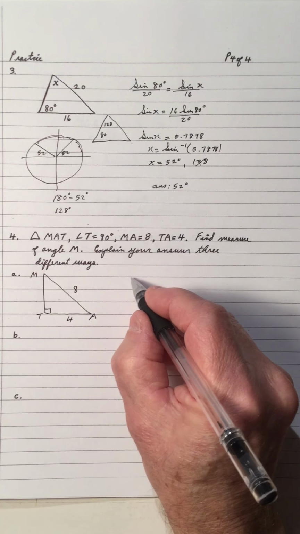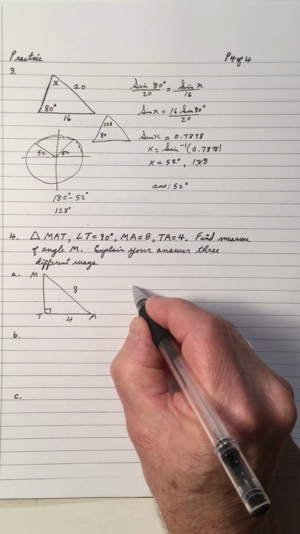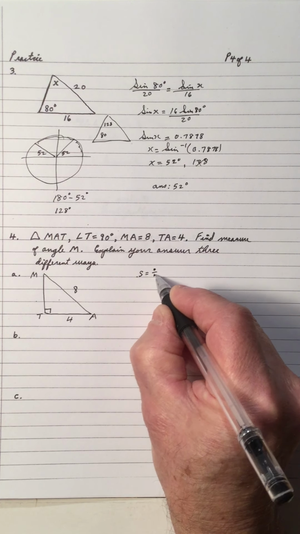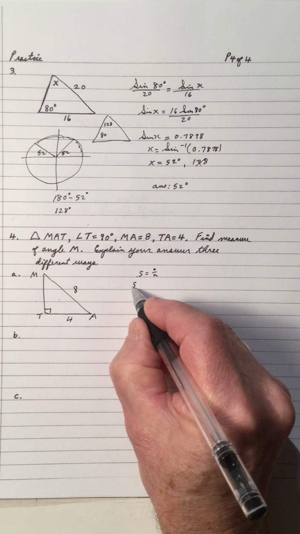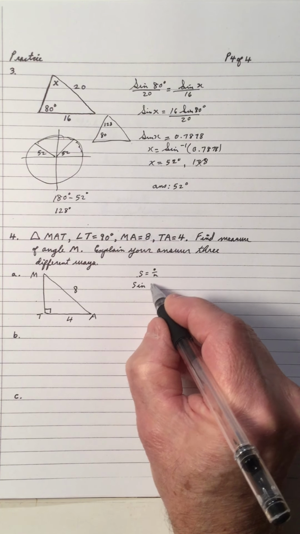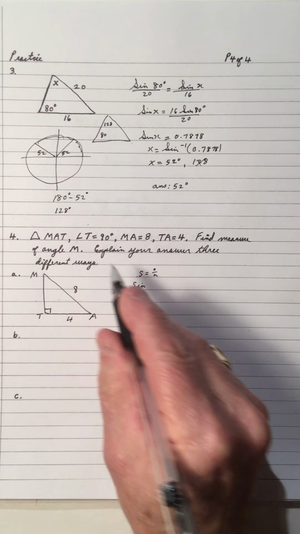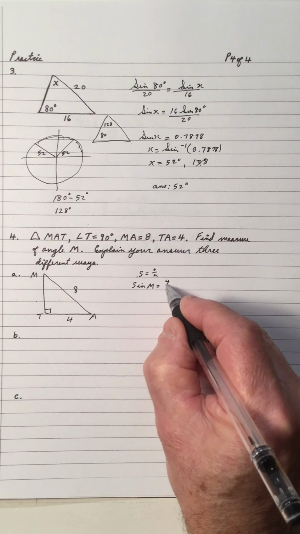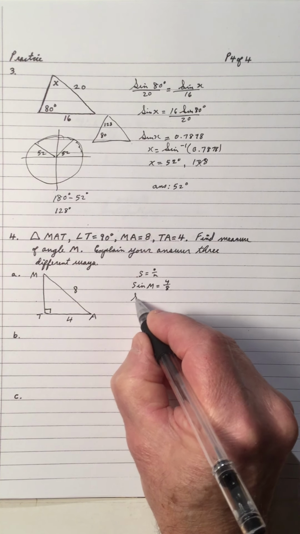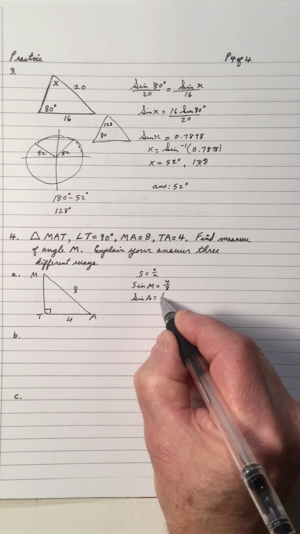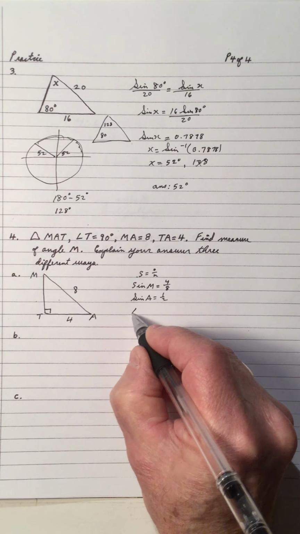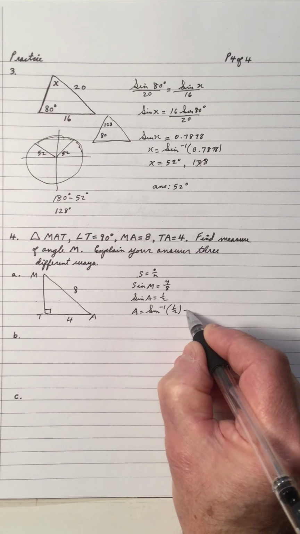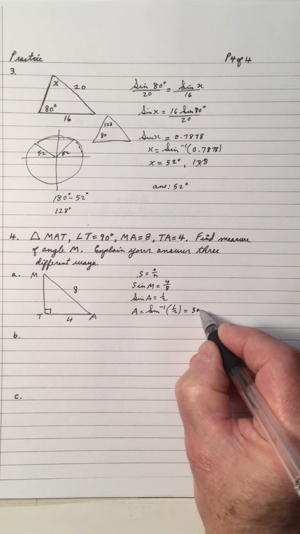Well, because it's a right triangle, one way is to use SOHCAHTOA, and sine becomes opposite over hypotenuse. So the sine of angle M is opposite, which is 4 over 8, so that reduces to a half, or 0.5, so angle M is inverse sine of 1/2, and on a calculator that becomes 30 degrees.